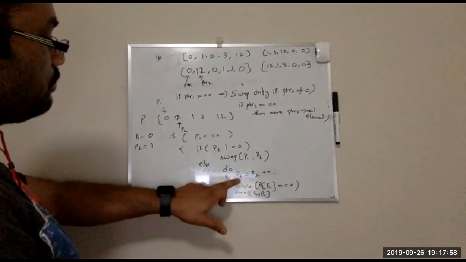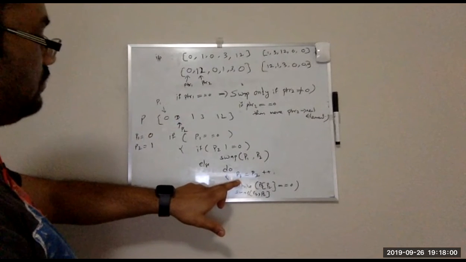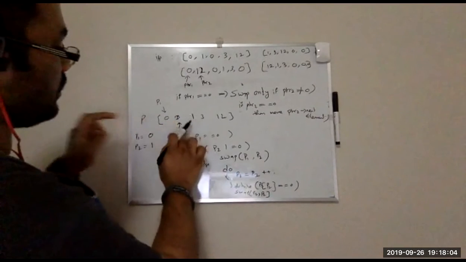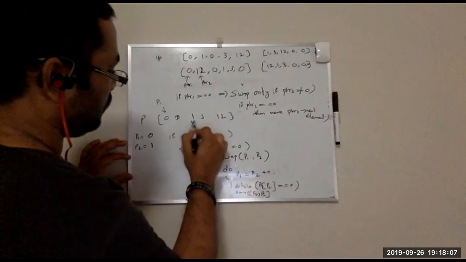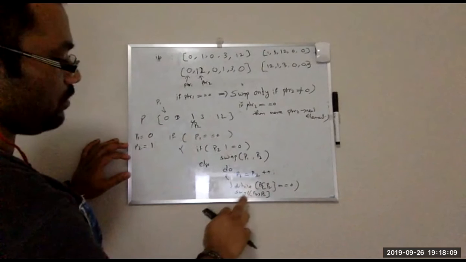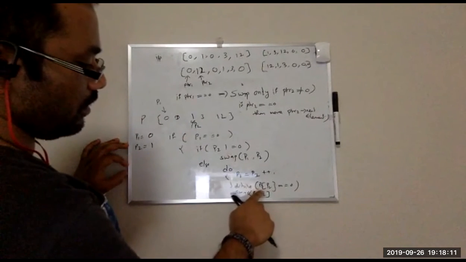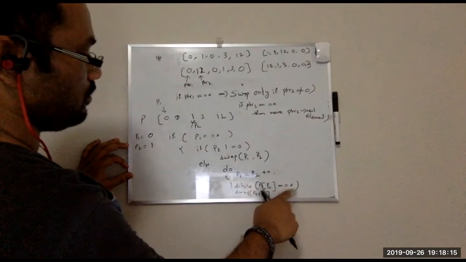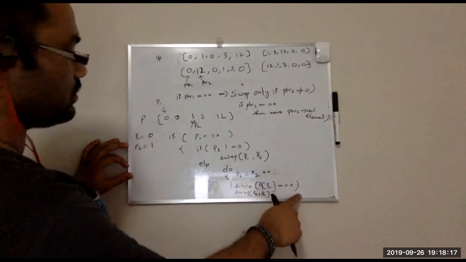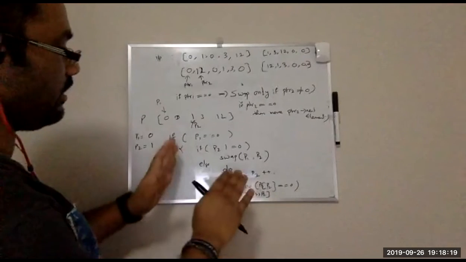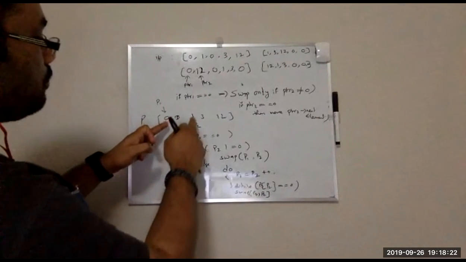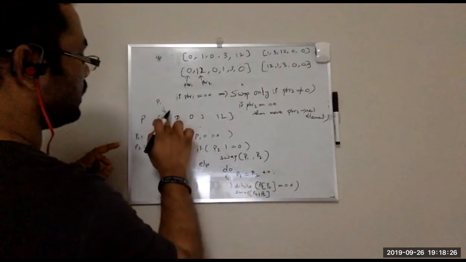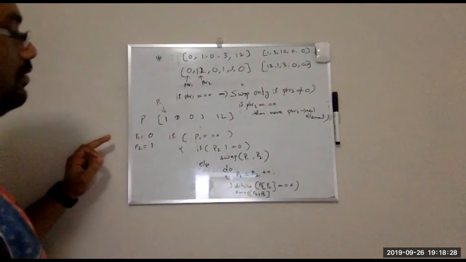It checks that it already has the value 0, and it will increment the pointer P2. Now it checks whether the value of P2 is equal to 0 or not. It is not 0, so it exits that loop, and it will swap P1 with P2 here.